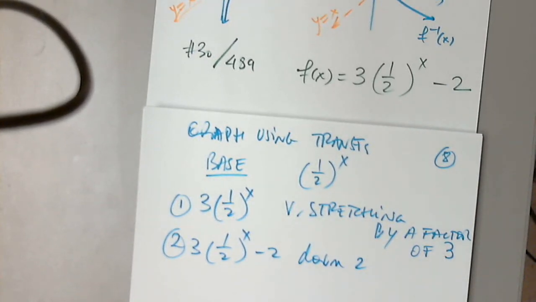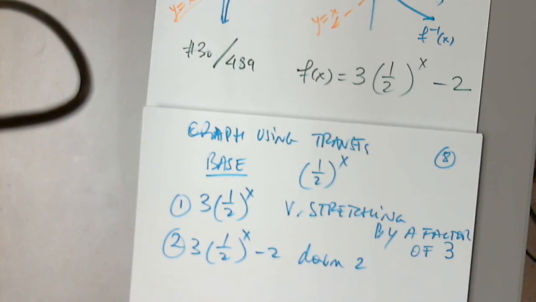Now, when I graph 1/2 to the x, do I graph it like this, increasing on all its domain, or like this, decreasing on all its domain? Decreasing, because the base is less than 1. When the base is less than 1, the function is decreasing. Now, if I shift it left and right, does its horizontal asymptote change?